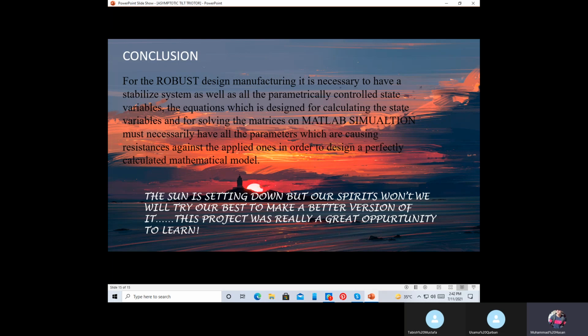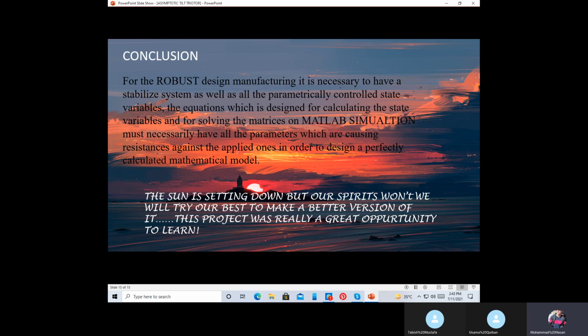Basically, this means that we have to include all the parameters taking place in our system. From this we can design a proposed model.